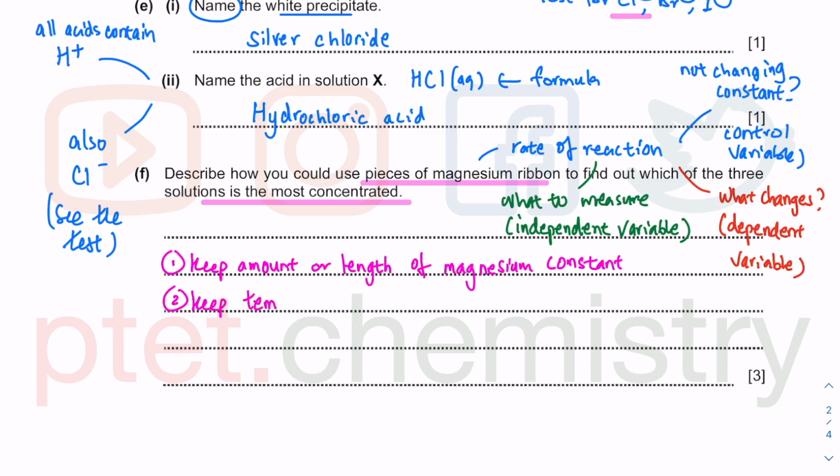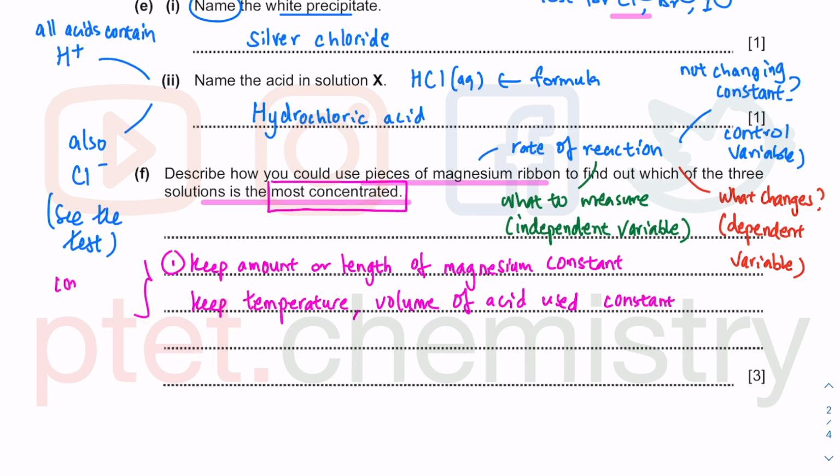Keep the volume of acid constant. Why? Because we are just dealing with concentration, so we don't want to change too many things of the acid, so we keep the volume of acid constant as well. So that first bit is to do with control variable. Control variable in the experiment means do not change it.